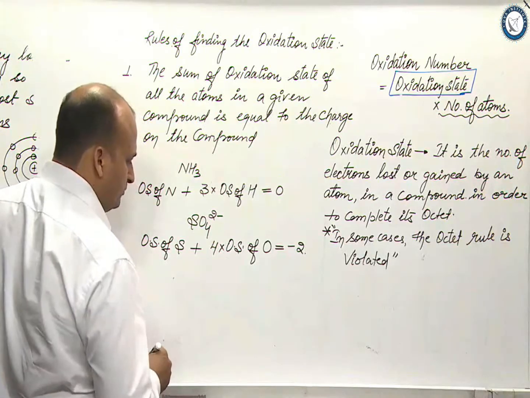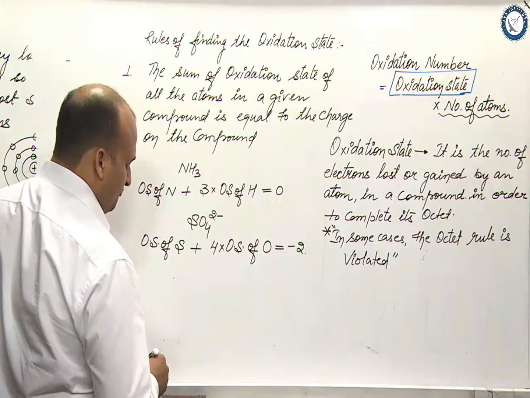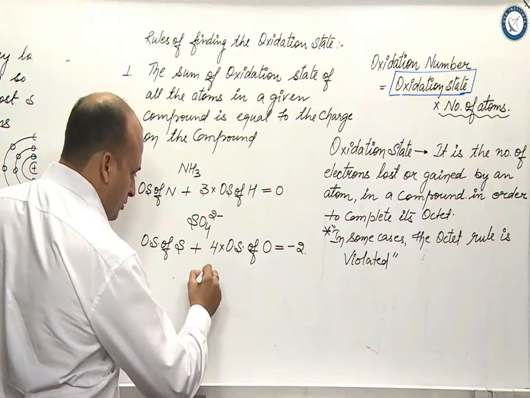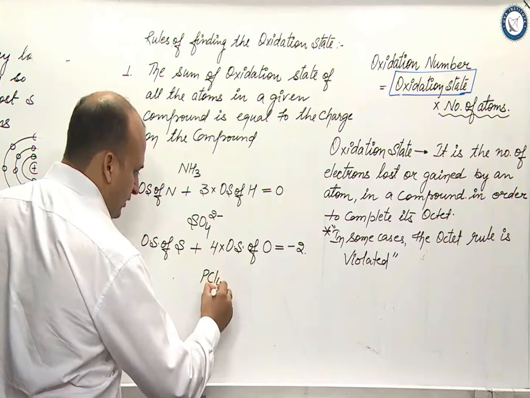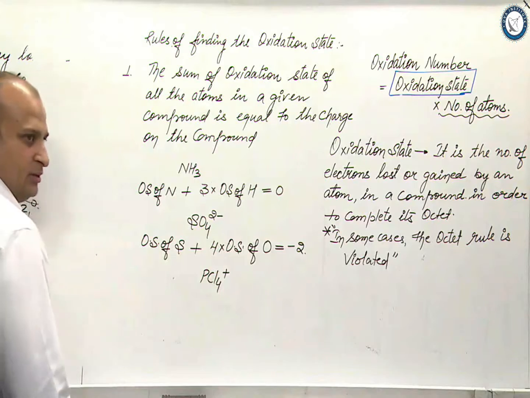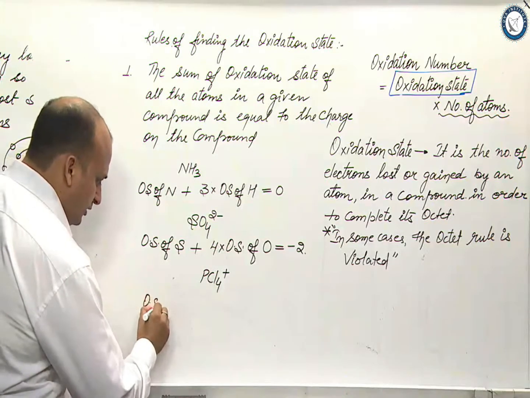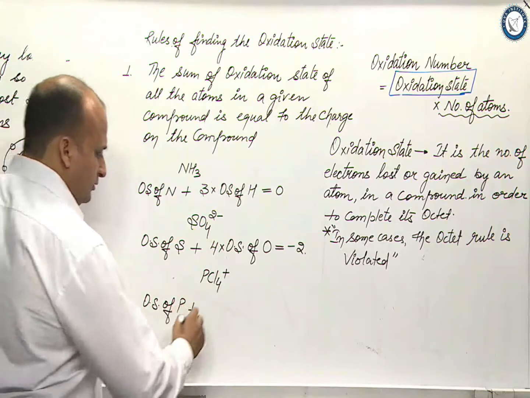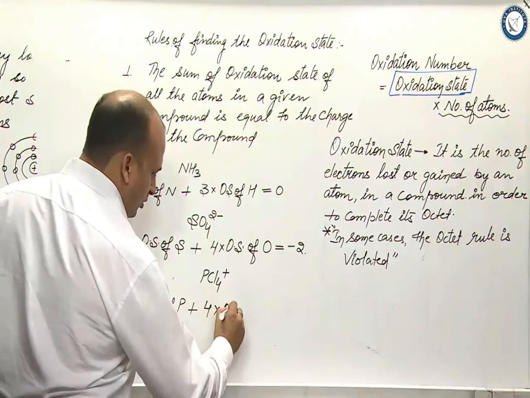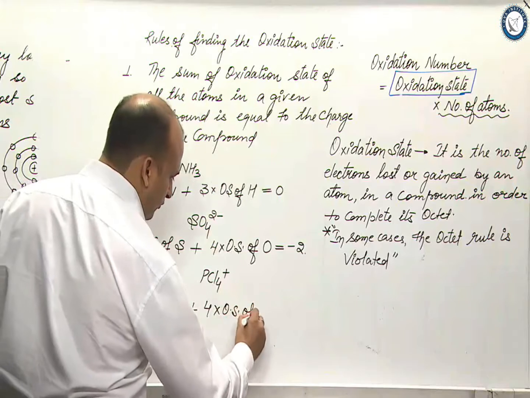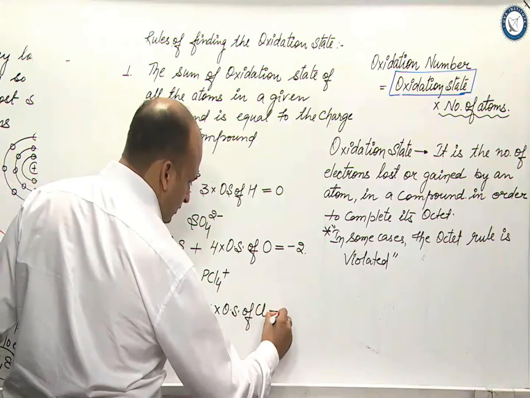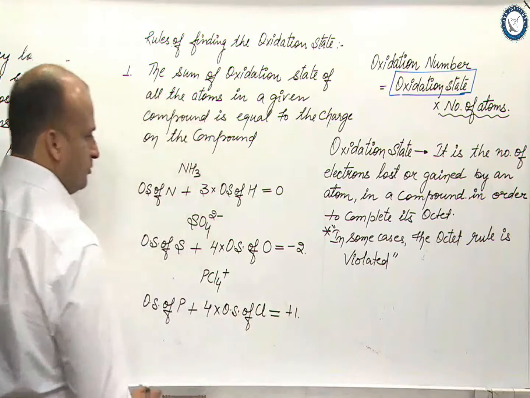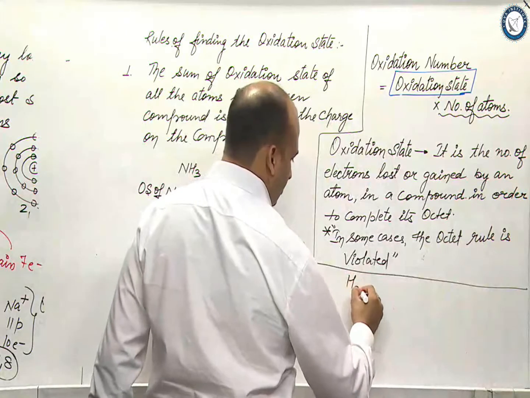Suppose if this is PCl4 plus. So I will say oxidation state of phosphorus plus 4 into oxidation state of chlorine is equal to plus 1.